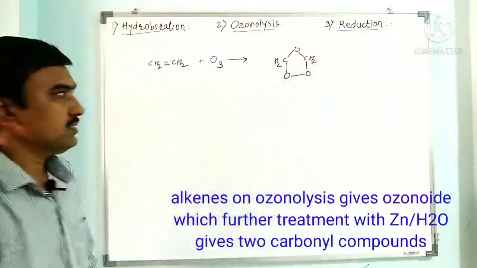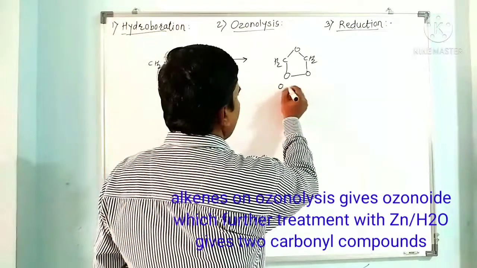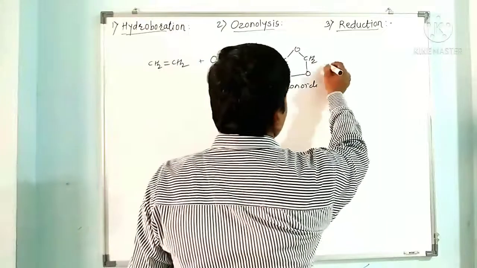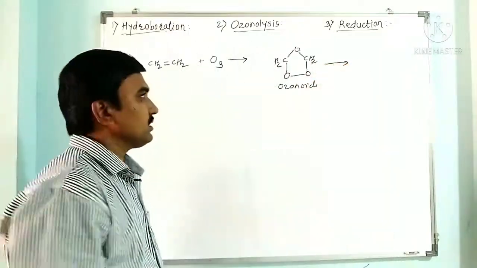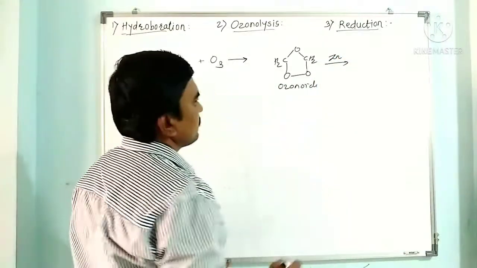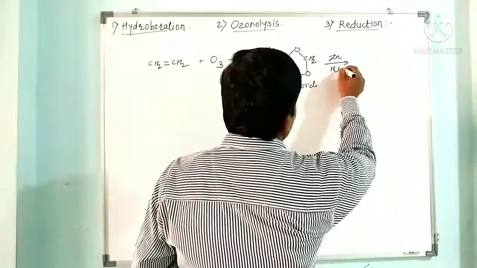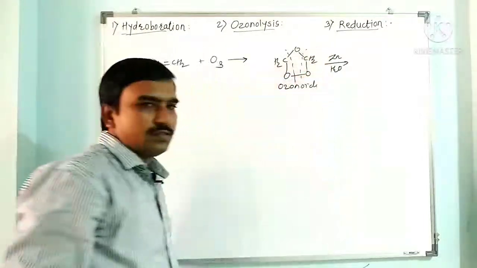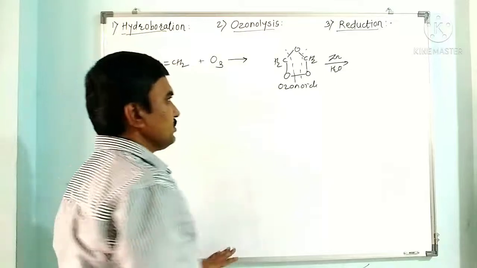So this is a 5-member ring system called an ozonoid. This ozonoid undergoes decomposition in the presence of zinc and hydrolysis. So here there is a formation of 2 carbonyl compounds.